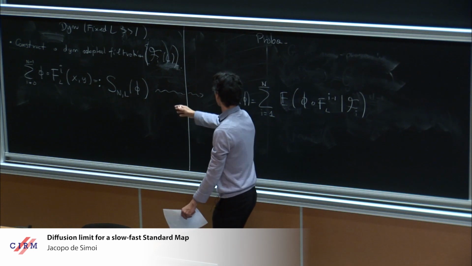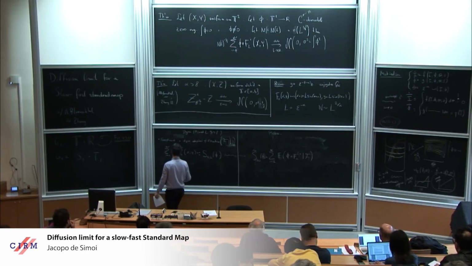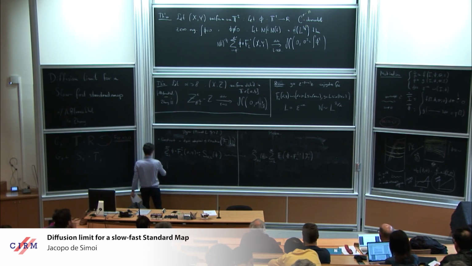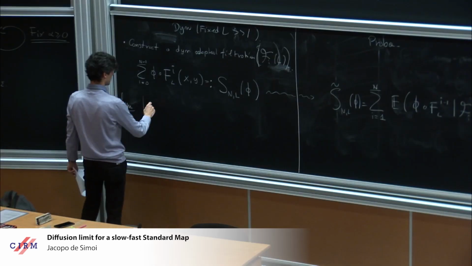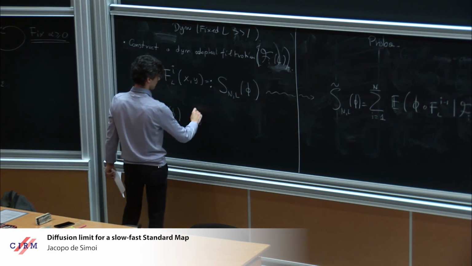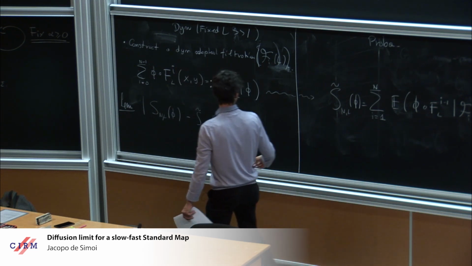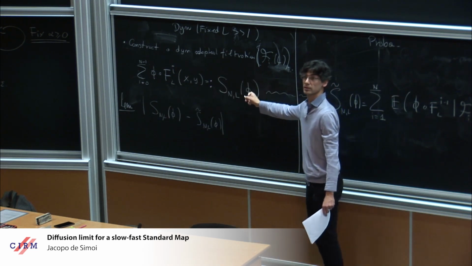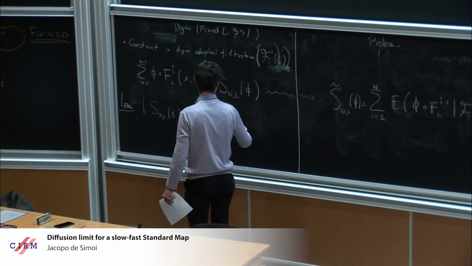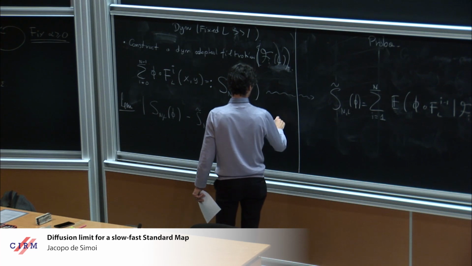And then, of course, these are two different functions. And what I need is to ensure that they are not too far away. In fact, what we need to show is a lemma which says that if I take S_{n,L} of phi and S tilde_{n,L} of phi, their difference is not large, in the sense that if I obtain a limit theorem for one, I will obtain a limit theorem for the other. So I just need to make sure that this is small o of whatever I'm normalizing with, so n L to the 1/2.